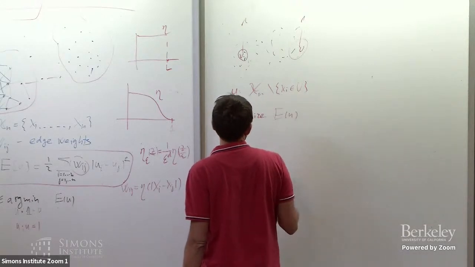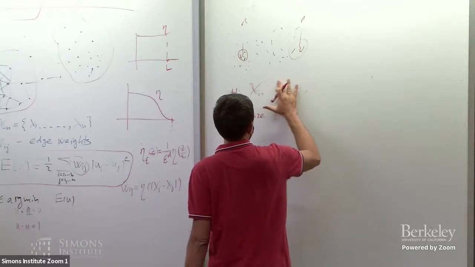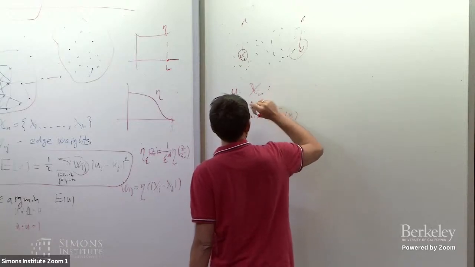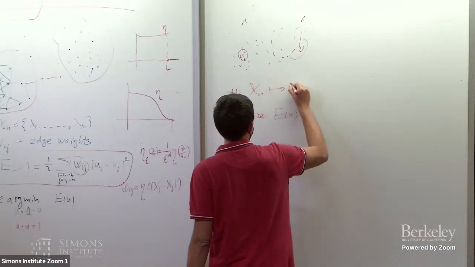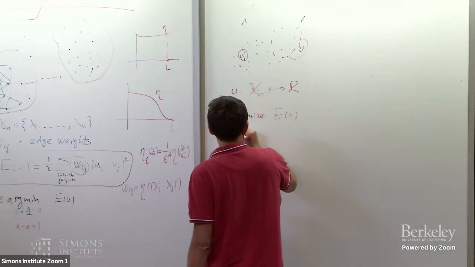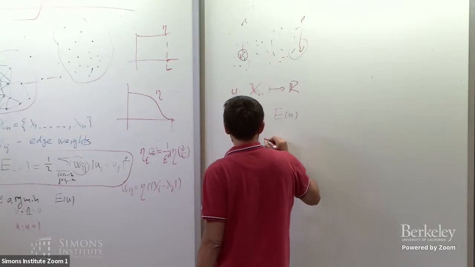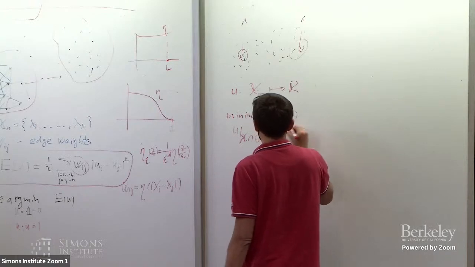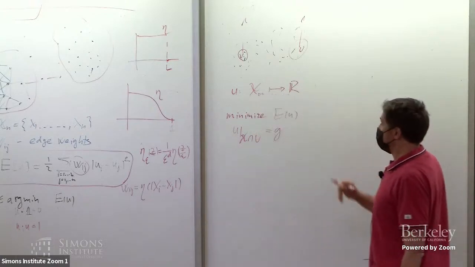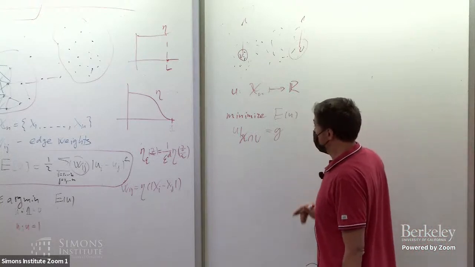Let me write it like this. This maps into R. So I look at a function which is free everywhere, but I add as a constraint that U restricted to those nodes, script X intersected U, is going to be equal to G. So on some subset of my nodes, my function is given, and I would like to minimize this.